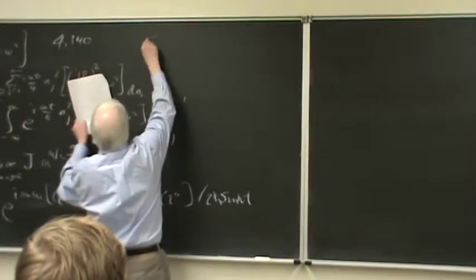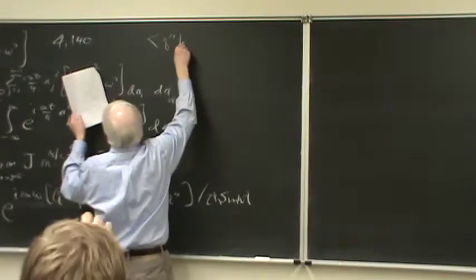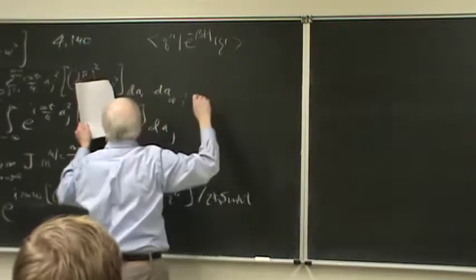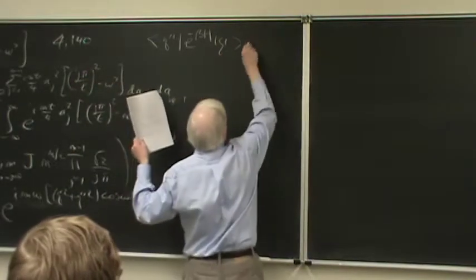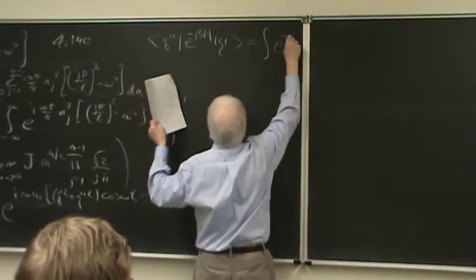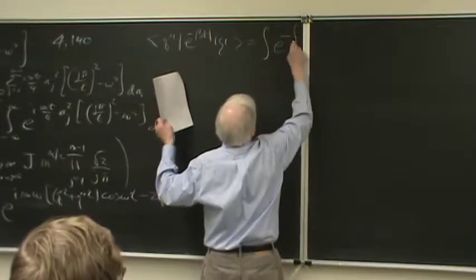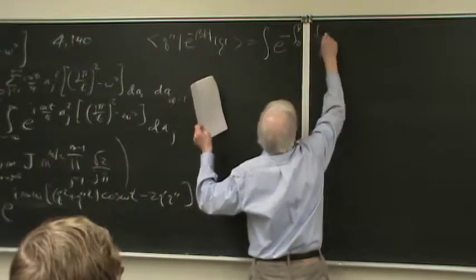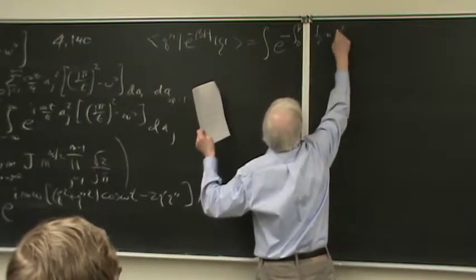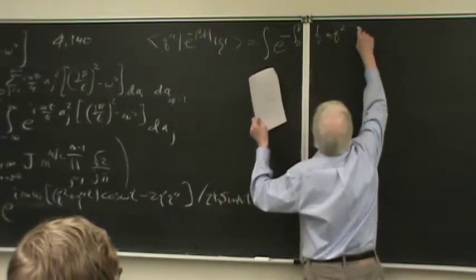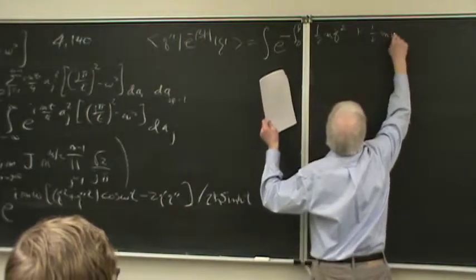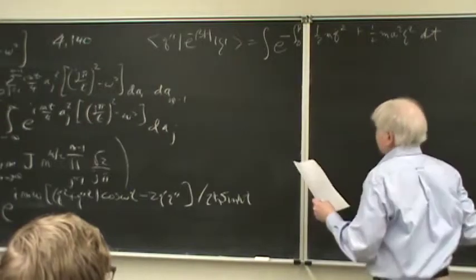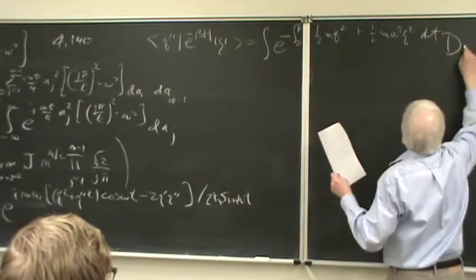Okay, so what are we computing now? q double prime e to the minus beta H q prime. And this thing is the path integral of e to the minus the action, which is the integral from 0 to beta of 1/2 m q dot squared plus 1/2 m omega squared q squared dt, and then of course the measure Dq.